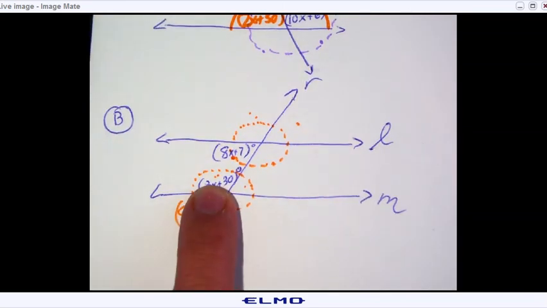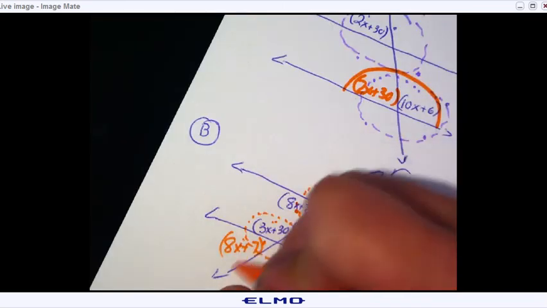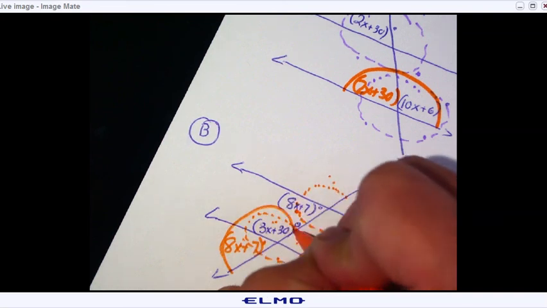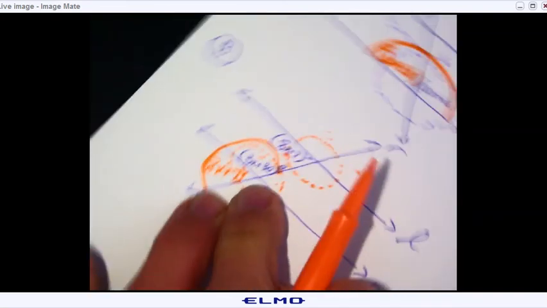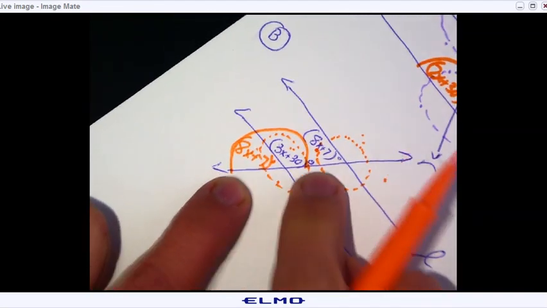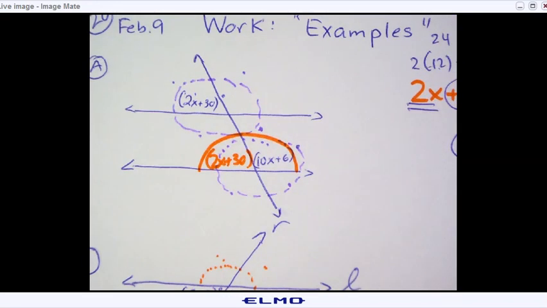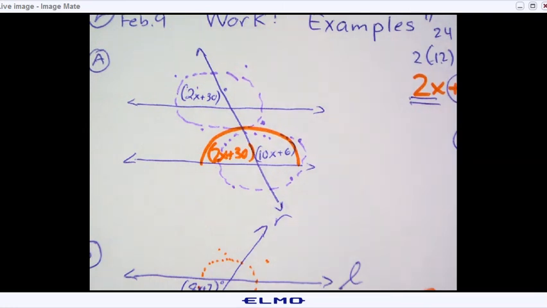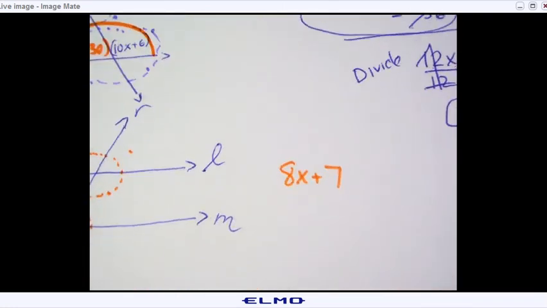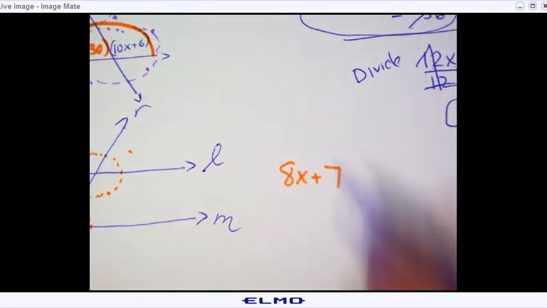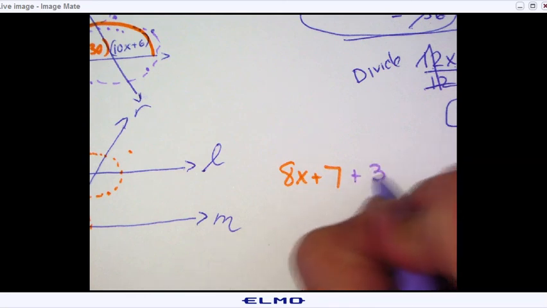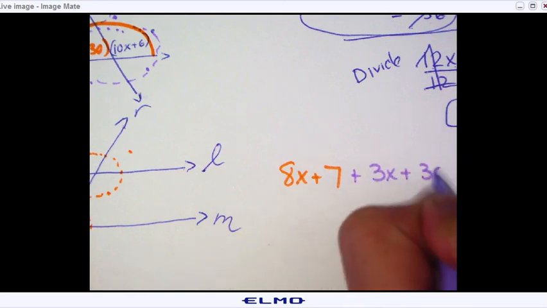They can't be the same because this is half a circle. If you turn it around, that's half a circle, just like over here. So you're going to write 8x plus 7. Oops, you guys can't see it. 8x plus 7 plus the 3x plus 30.